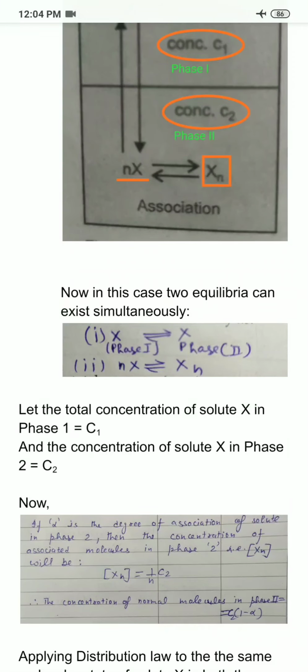Now assume that alpha is the degree of association. What is degree of association? It means the number or fraction of the molecules which are combining with each other.